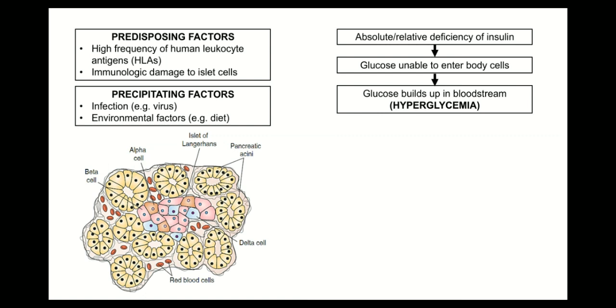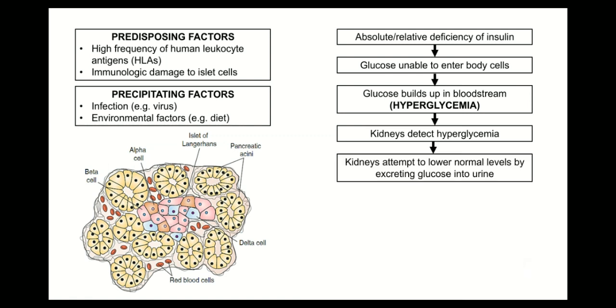resulting in hyperglycemia. Now, if there is hyperglycemia, the kidney detects it. The kidney will think of methods to remove that excess glucose, because that is not good for the body of the child.